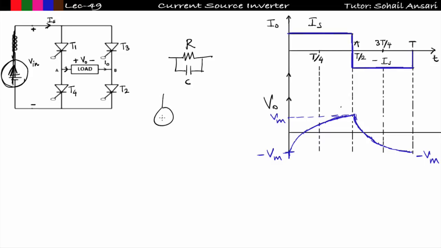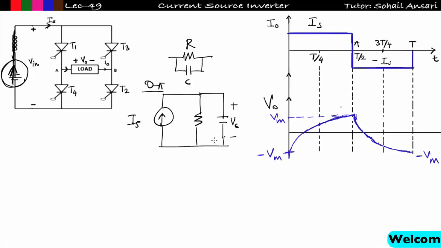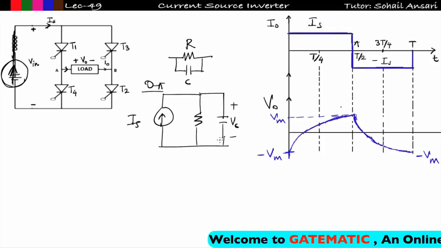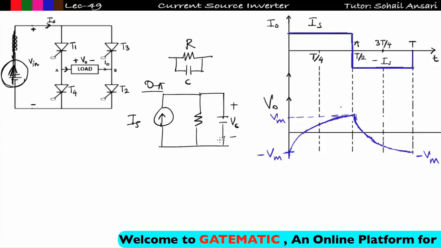Means if I talk about 0 to pi, then the circuit will look something like this. This is my Is, and this is for 0 to pi. Now see, this is nothing but a parallel RC circuit, and if you find the voltage drop VC across it, the voltage will be exponential in nature. In any unit step excitation of the RC circuit, the voltage will be exponential in nature.